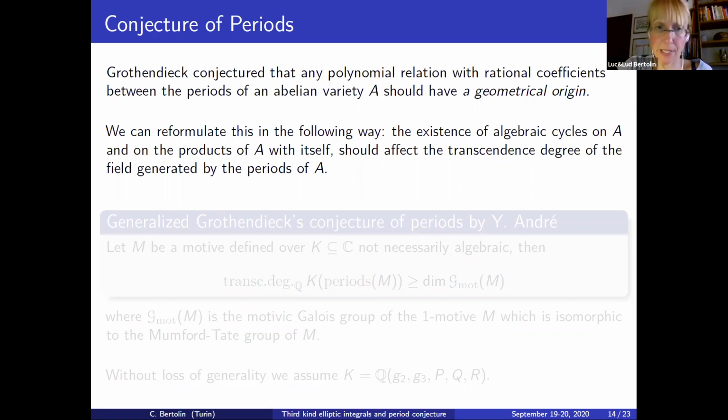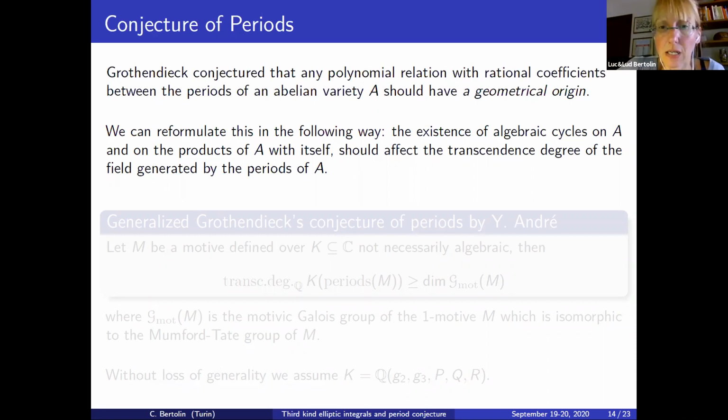So you take the field generated by the periods of A; its transcendence degree should decrease if you show that there exist algebraic cycles on A. The more algebraic cycles on A you have, the smaller this transcendence degree should become.